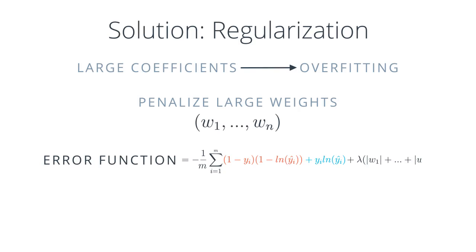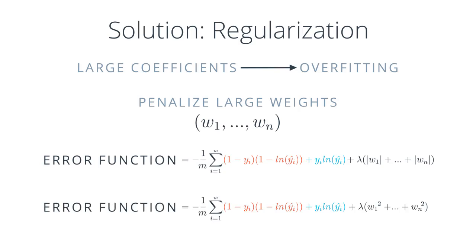There are two ways to do this. One way is to add the sum of absolute values of the weights times a constant lambda. The other one is to add the sum of the squares of the weights times that same constant. As you can see, these two are large if the weights are large. The lambda parameter will tell us how much we want to penalize the coefficients.